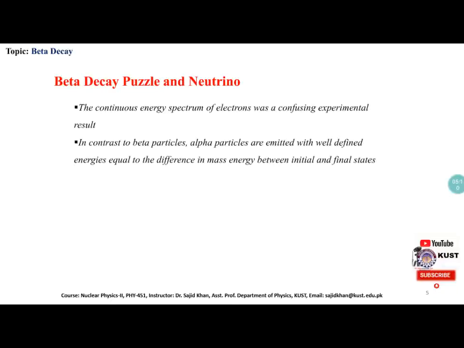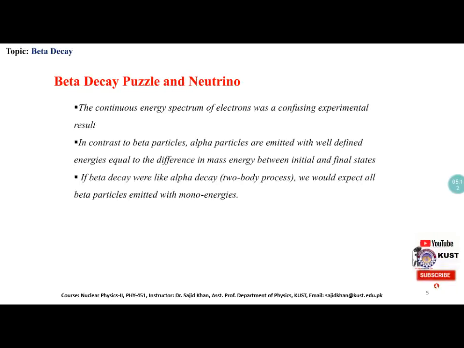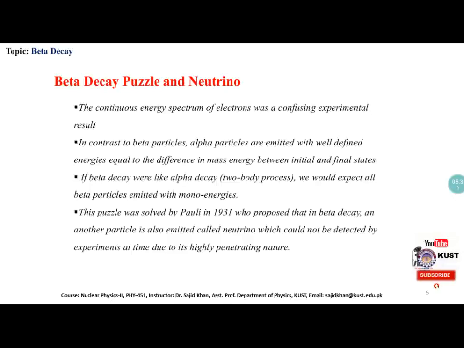So if we consider beta decay on the same footing, as a two-body process, then we expect beta particles emitted with well-defined energies, or we can say that beta particles coming out with mono energies. But in reality, beta particles are not coming with well-defined energies, but they are coming with varying energies.